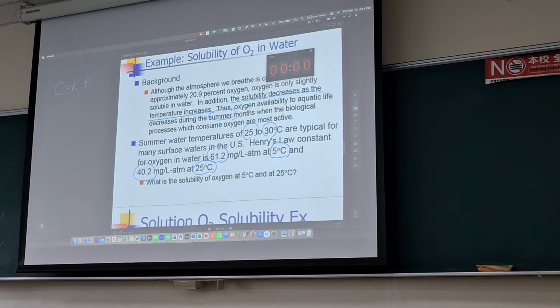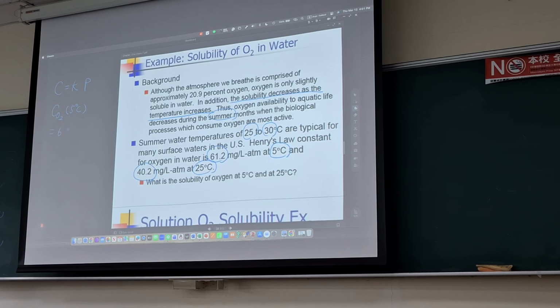Okay, that's it. Students, listen up. Based on the formula C equals K times P, different materials at different temperatures will have different K. In this question, we calculate the dissolved oxygen at 5 degrees Celsius and at 25 degrees Celsius.